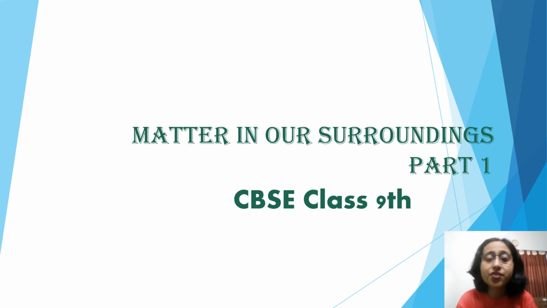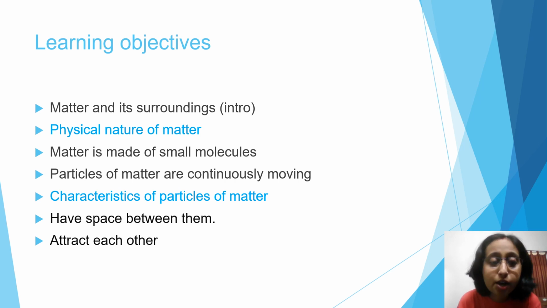So this is the first lesson, matter and its surroundings, for the CBSE 9 students. So without further delay, let's get started with today's lesson. What we are going to learn today is matter and its surroundings, the physical nature of matter.